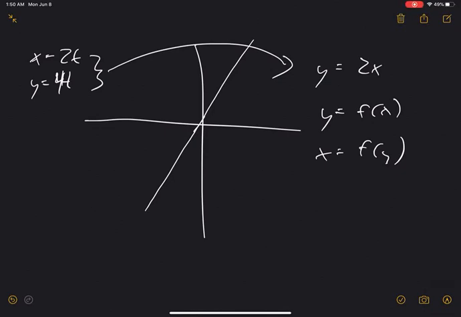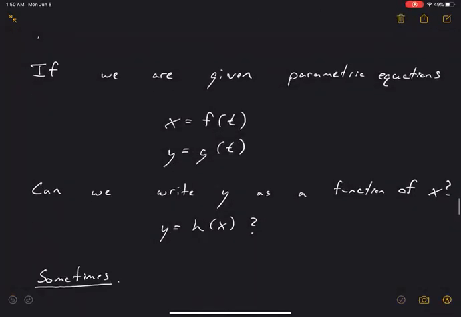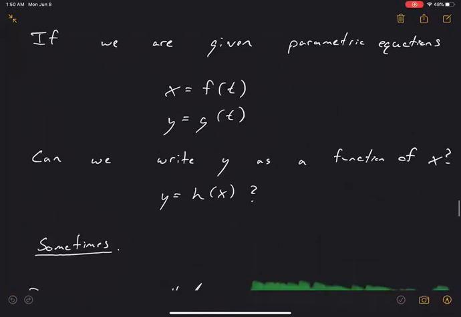So as I was saying, maybe we have parametric equations and we want to convert to a Cartesian equation. Okay, sometimes we can do that. We can't always do that, right?